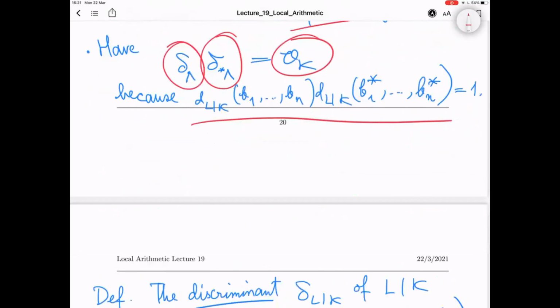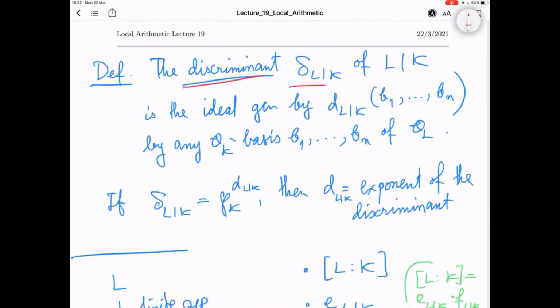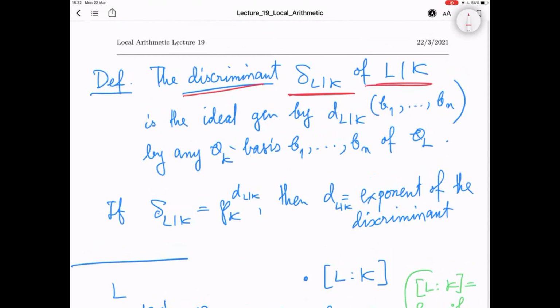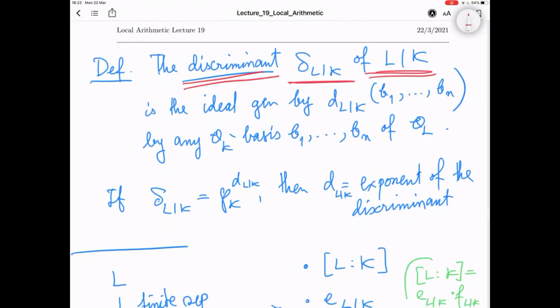Okay, so the definition is that the discriminant of L over K of this extension of p-adic fields, this is not the notion of discriminant for an arbitrary extension of fields. It's the notion of the discriminant for an extension of p-adic fields, or p fields as I've been calling them.